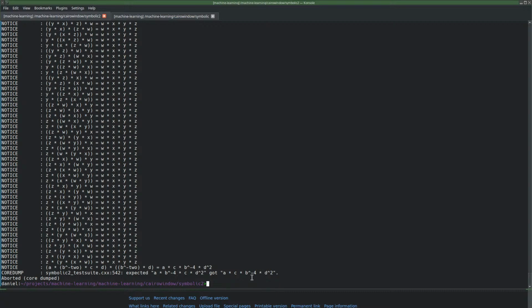And here clearly it puts a C in front of the B, while the test suite expected it to be the other way. And I think that the correct thing would be to do this.